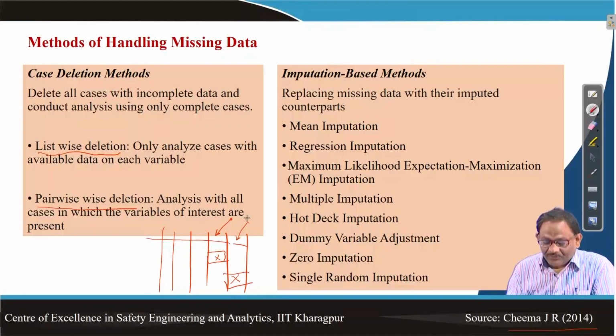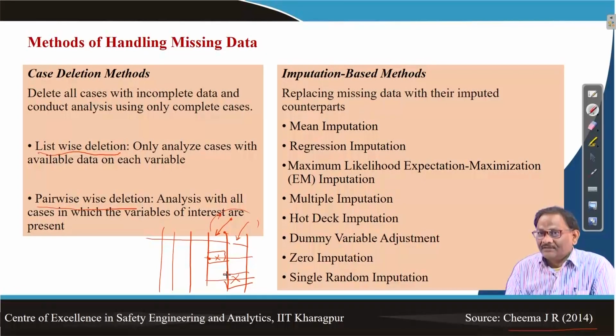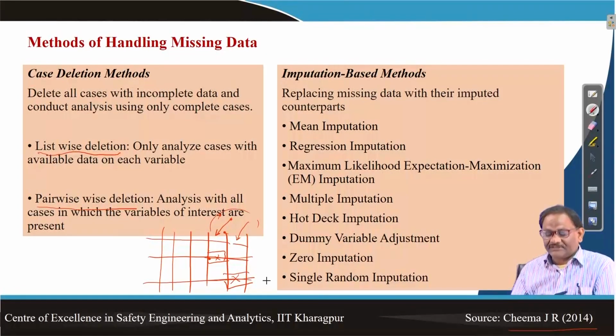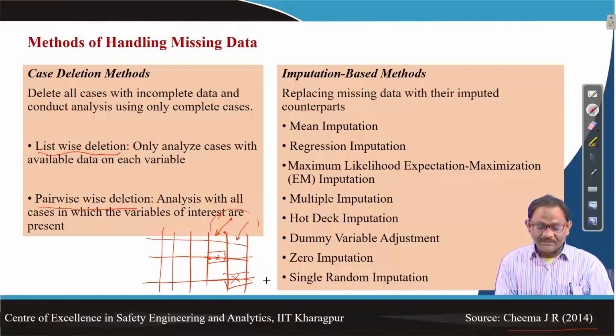If you want to take these two variables, then this case as well as this case would be completely deleted. That means pairwise deletion. If you use the entire data set and these two cells have missing data, then those complete cases will be deleted. The rest of the cases will be considered because they have complete data.